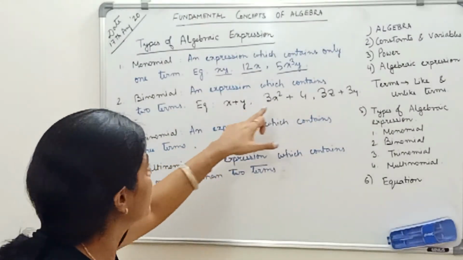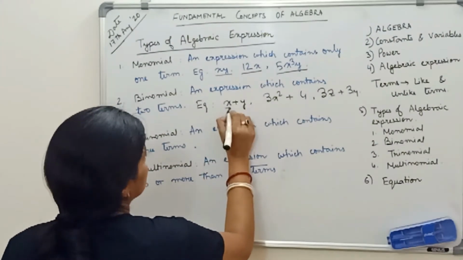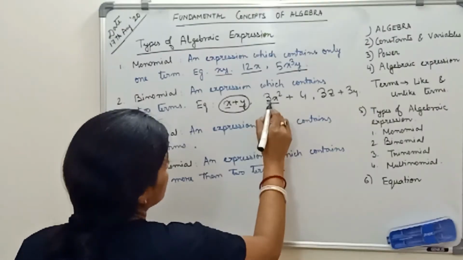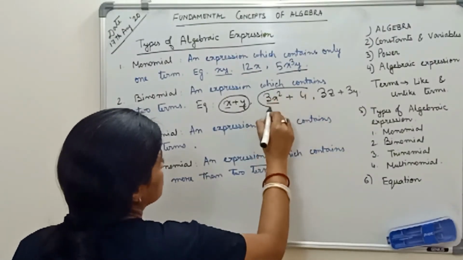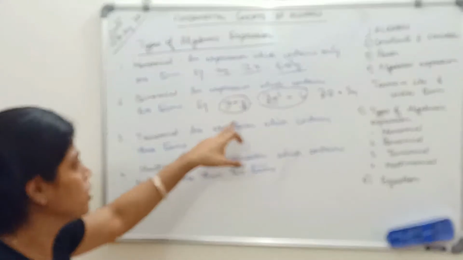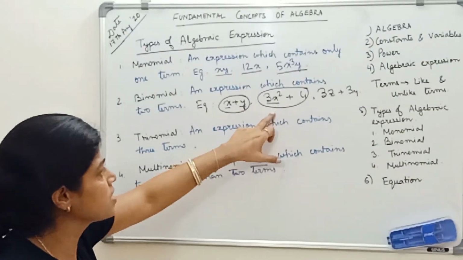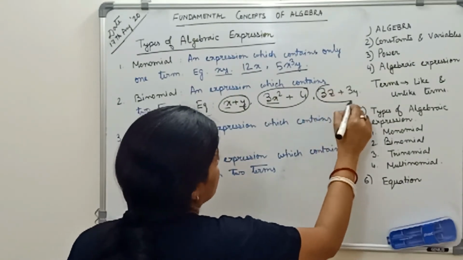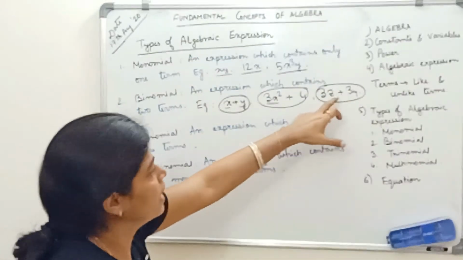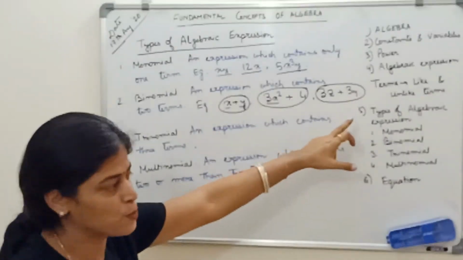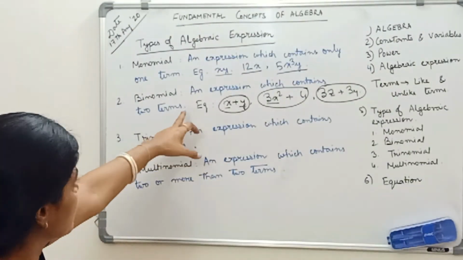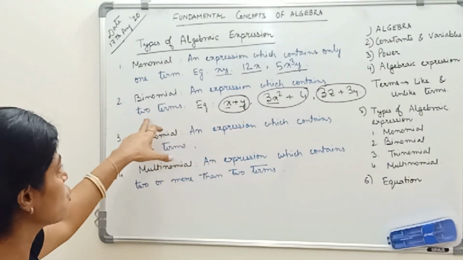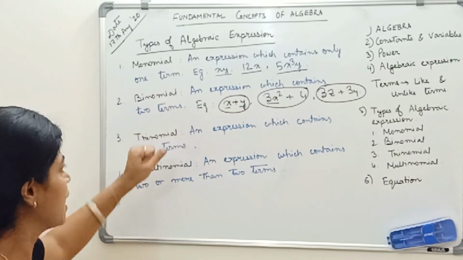See, there are two terms, so this is a binomial expression. An expression which contains only two terms is called a binomial expression.